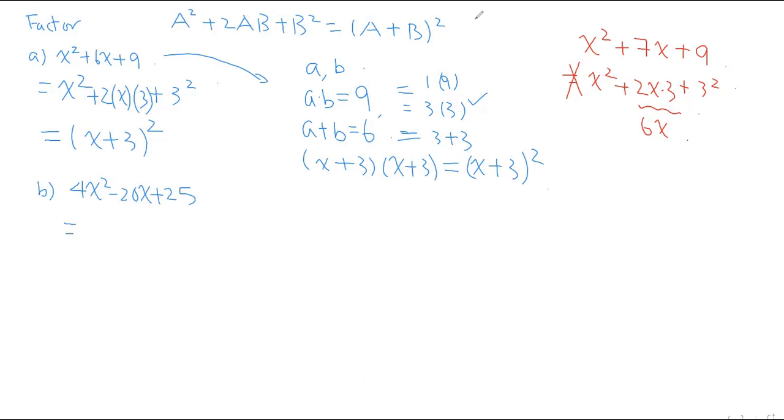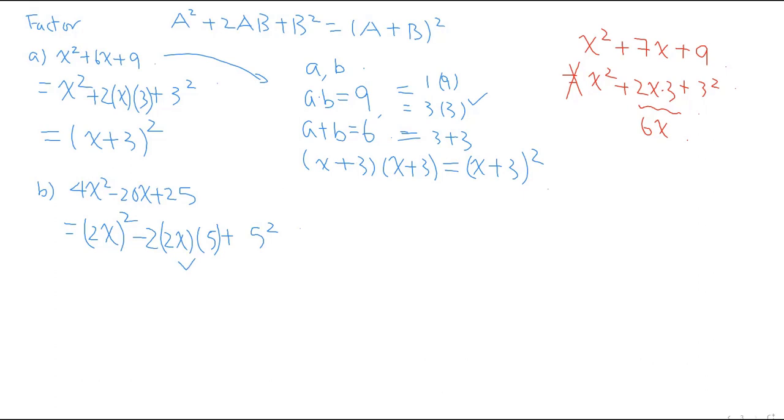Okay, let's take a look at the second one. You first write it in the form a squared, then 25, that is 5 squared. So our a is 2x, b is 5. And let's see if the middle term is 2 times a times b. Actually, yes: 2 times 2x is 4x, then 4x times 5 is 20x.